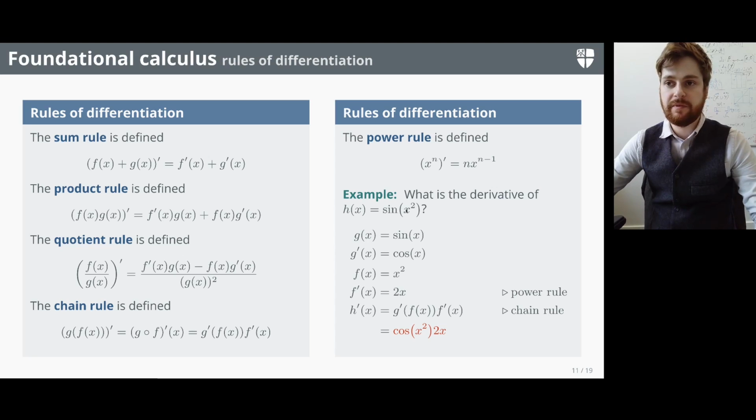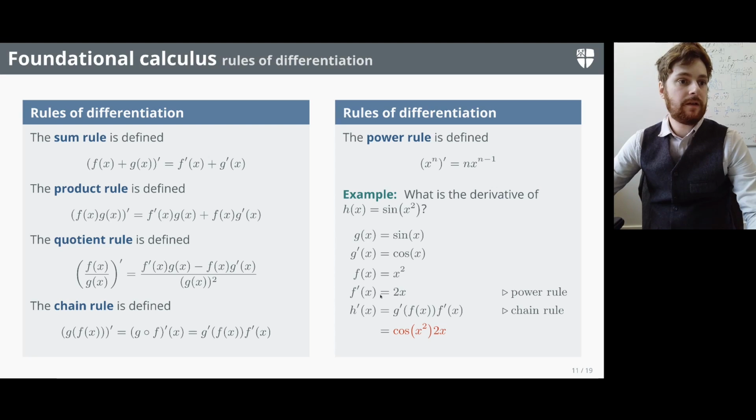So let's start by saying the derivative of g of x is equal to cosine of x. If you remember, we said before, sine of x, its derivative is cosine of x, its derivative is minus sine of x, and then it's minus cosine of x. So the derivative of sine of x is cosine of x, and for the derivative of x squared, we're going to use the power rule here.